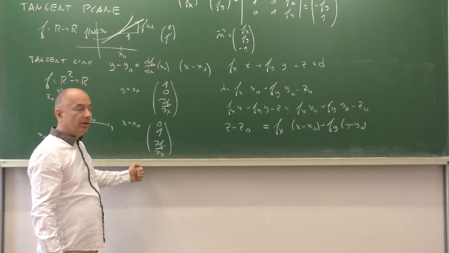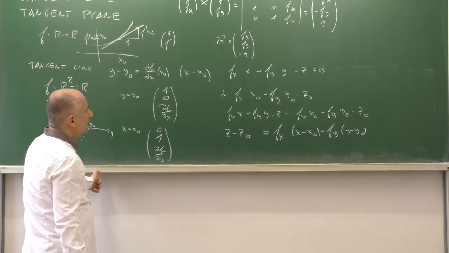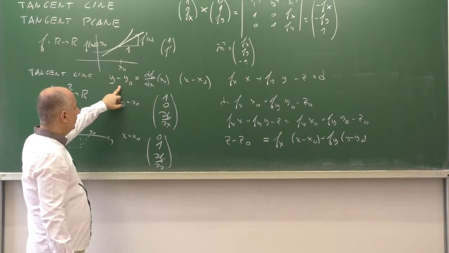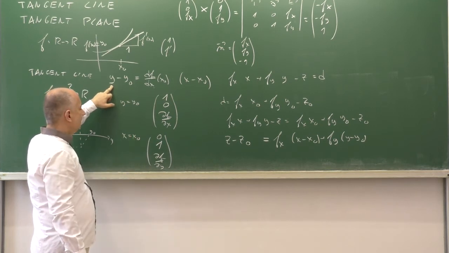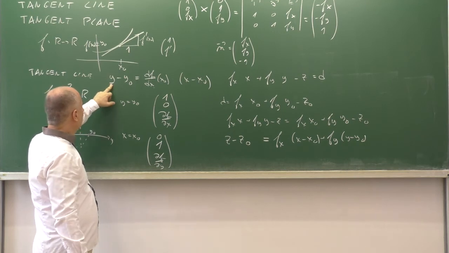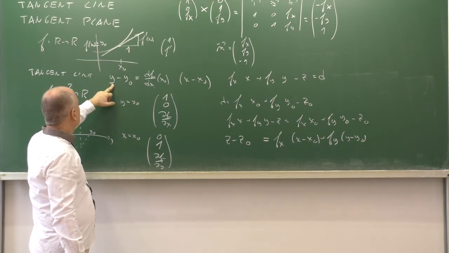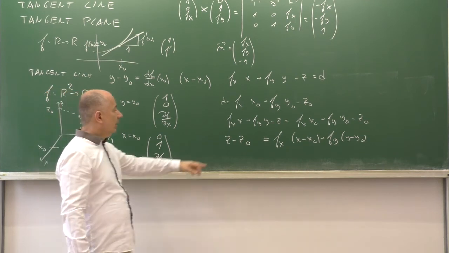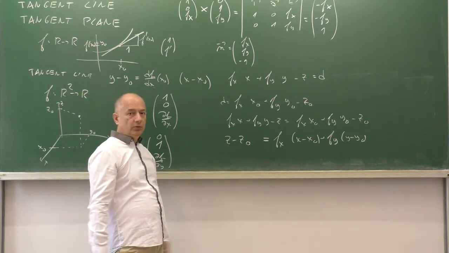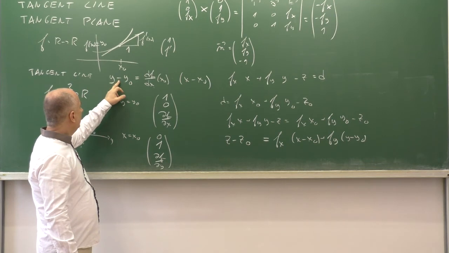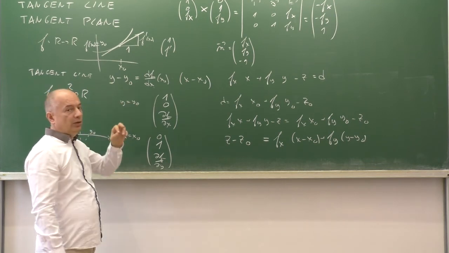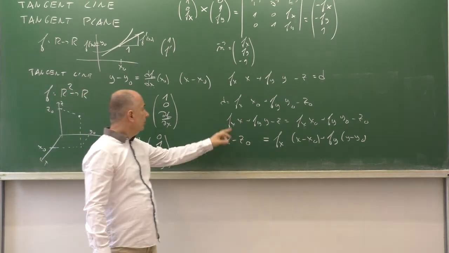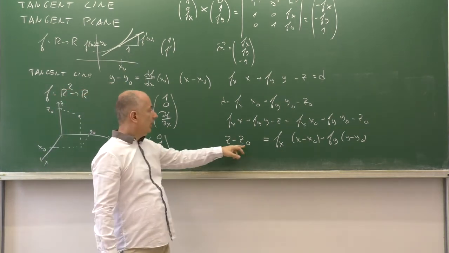Well, and this is the equation of the tangent plane. You see, it is similar to this one. This is the dependent variable. It was y for a function of one variable, and it is z for a function of two variables. Minus the corresponding coordinate at the point of tangency. Here it was minus y0, here we have minus z0.